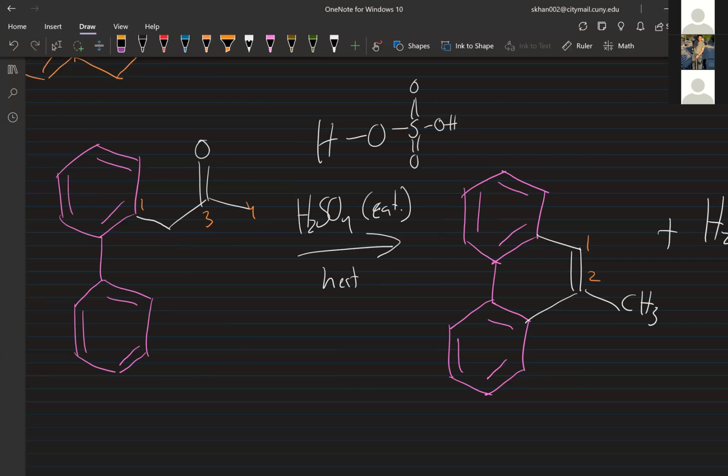Sorry, I just labeled them wrong. One, 2, 3, right? So we have 1, 2, and this carbon is still the pink one, so that means this methyl group had to be the third carbon. So essentially what happened here was we somehow lost our carbonyl group.